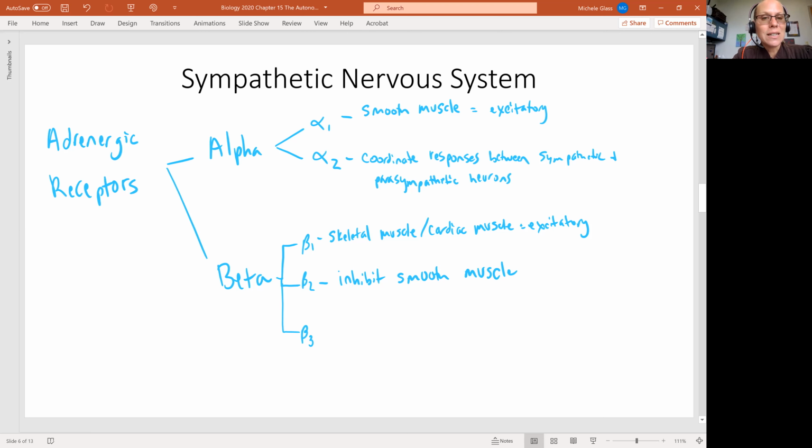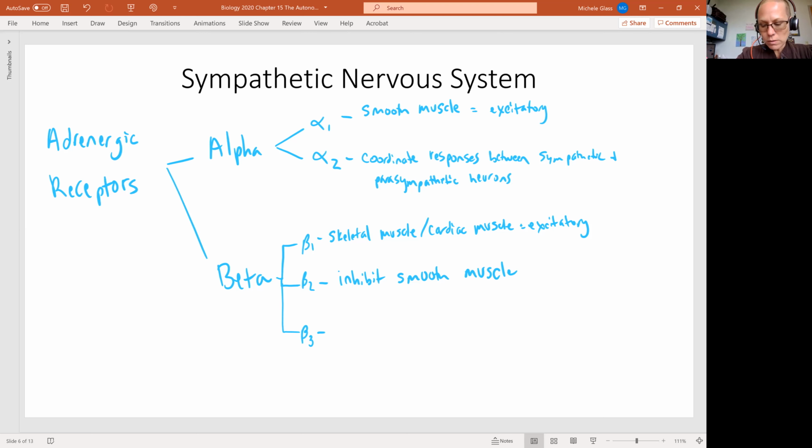We want to constrict the blood flow to the digestive tract while also inhibiting the activity of the digestive tract. Or we might see the beta 2 on blood vessels going out to your extremities so that that muscle relaxes, so that those blood vessels are larger so that you increase your blood flow, right? So the nuance is what I want you to be paying attention to here.